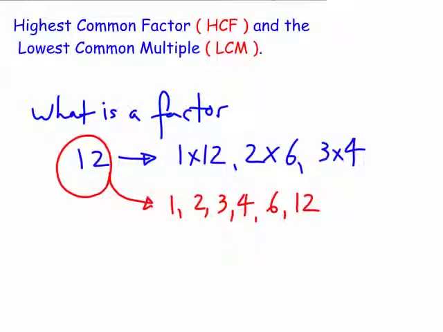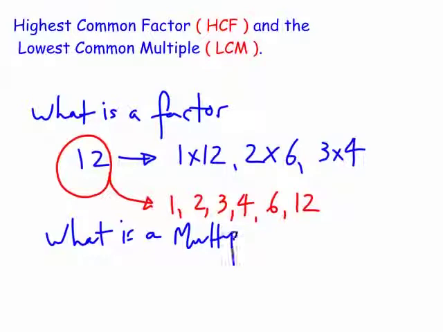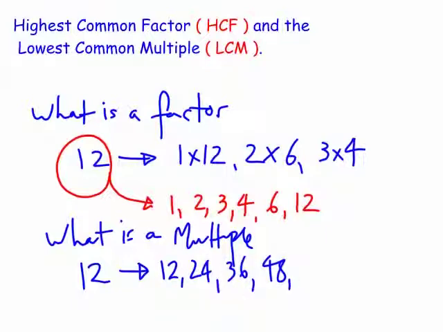So what is a multiple? Let's have a look at 12 again. The multiples of 12 are, hopefully we all know our 12 times table, 12, 24, 36, 48, etc. These are all multiples of 12.